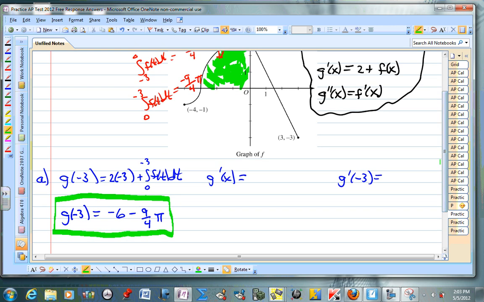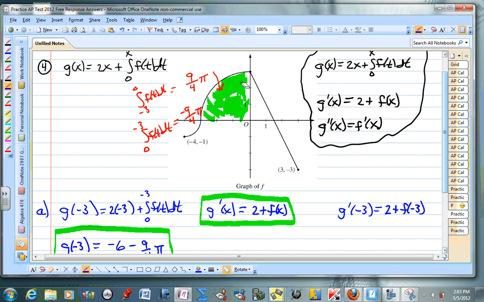Now we need to find the value of g prime of x. Well, we already found that in our legend. g prime of x is 2 plus f of x. And now we need to find the value of g prime of negative 3. So this is going to be 2 plus f of negative 3.